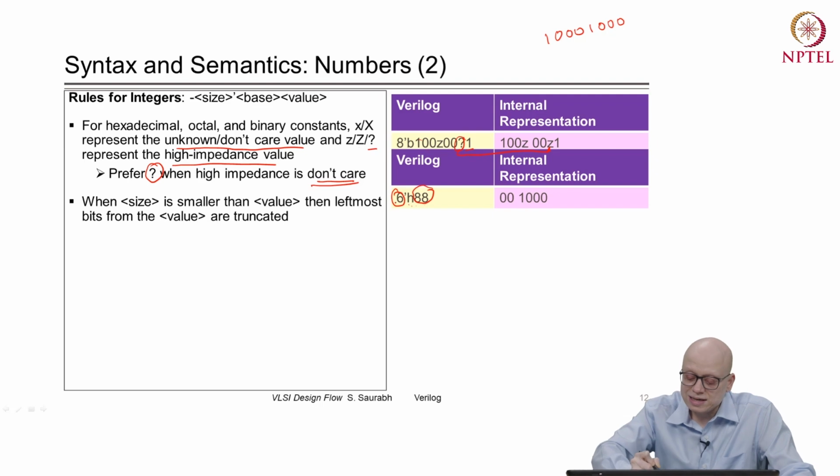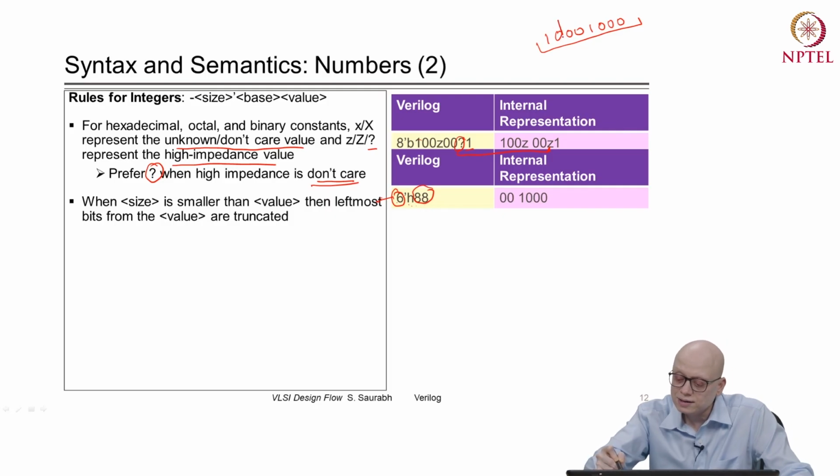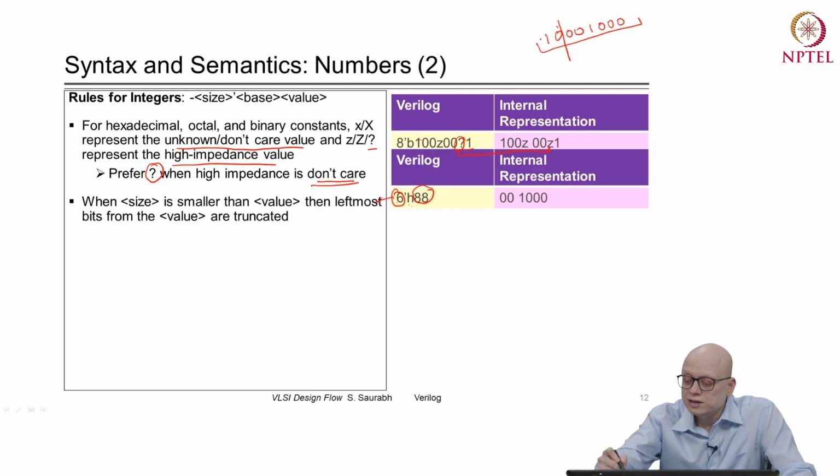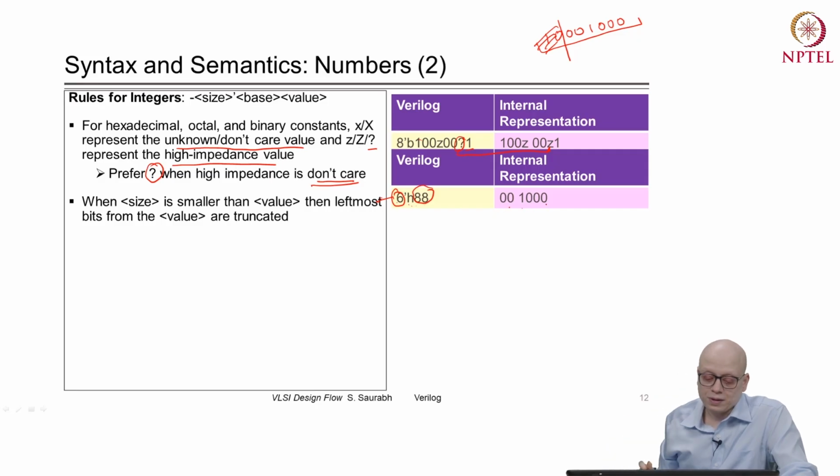But we are saying to represent it in only 6 bits, not in 8 bits, which it has got. So what the tool will do is simply truncate the leftmost bits. These 2 bits will be truncated and the internal representation will be 001000.